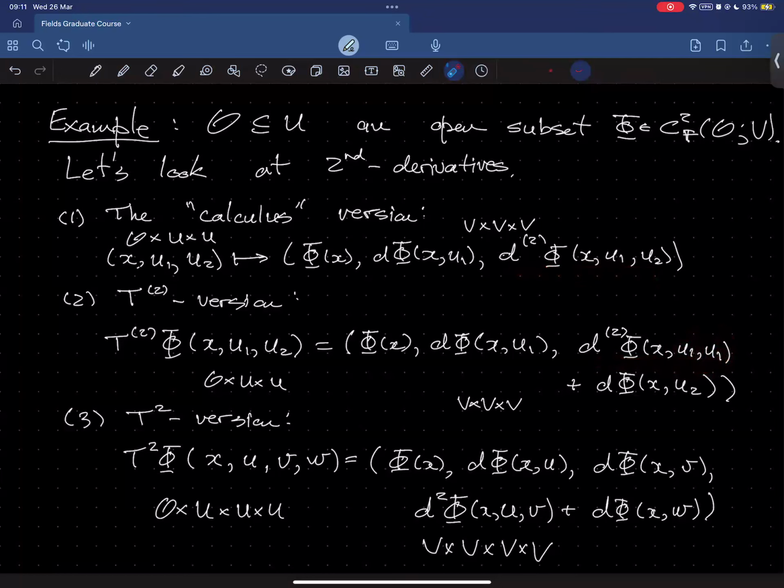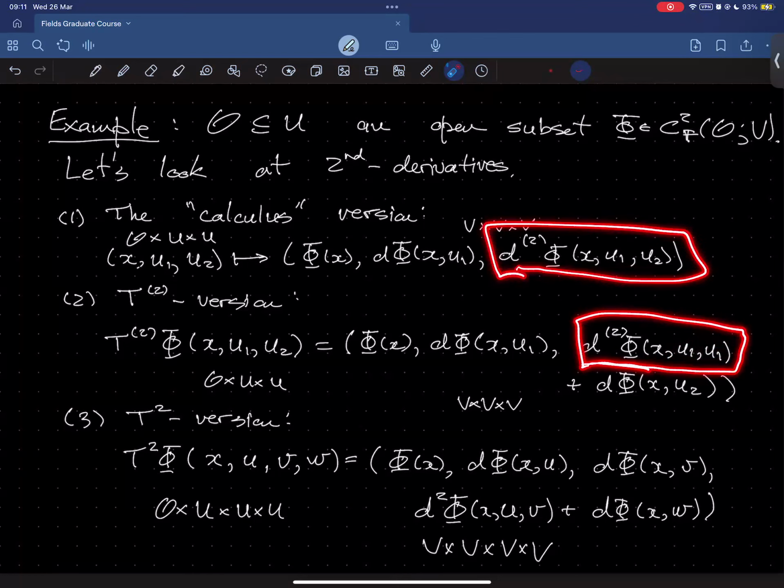But here's where you use symmetry. Because D2 phi is symmetric, if you know, say, that this thing is continuous, you can infer that this one is continuous as well. The reason you can do that is if you have a symmetric multilinear mapping, it suffices if you know the symmetric multilinear mapping on a list of arguments that's all the same.